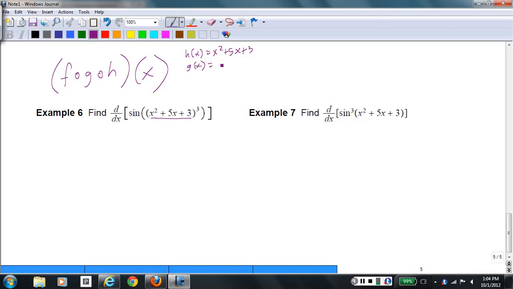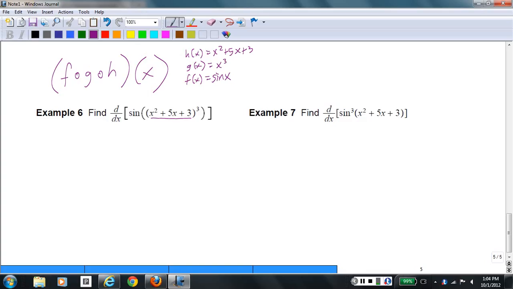So g of x equals x cubed. That's the next to the innermost function, the one in the middle. And then after I cube that, one more thing left to do. Take the sine. So this function could be thought of as the composition of these three functions in that order, from inside to out. Now the outermost function is the sine. That's the last thing you do if you're going to evaluate this function.